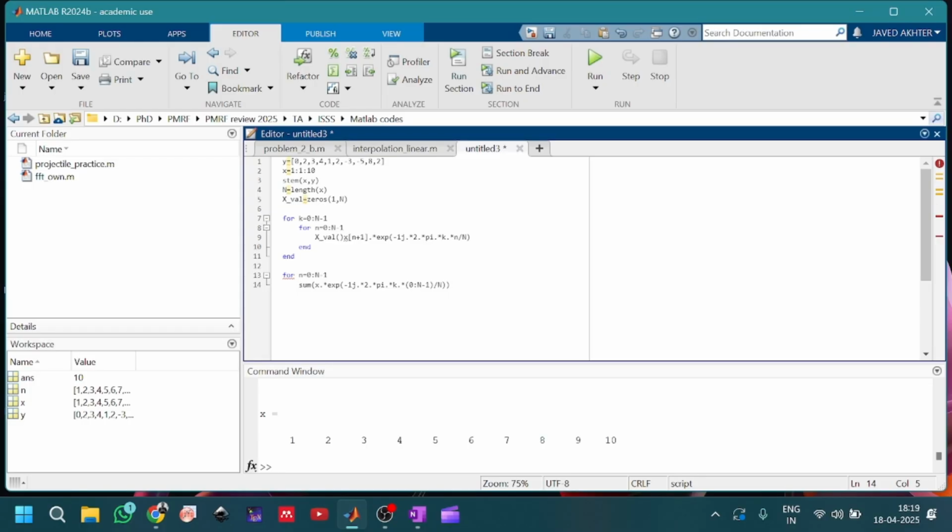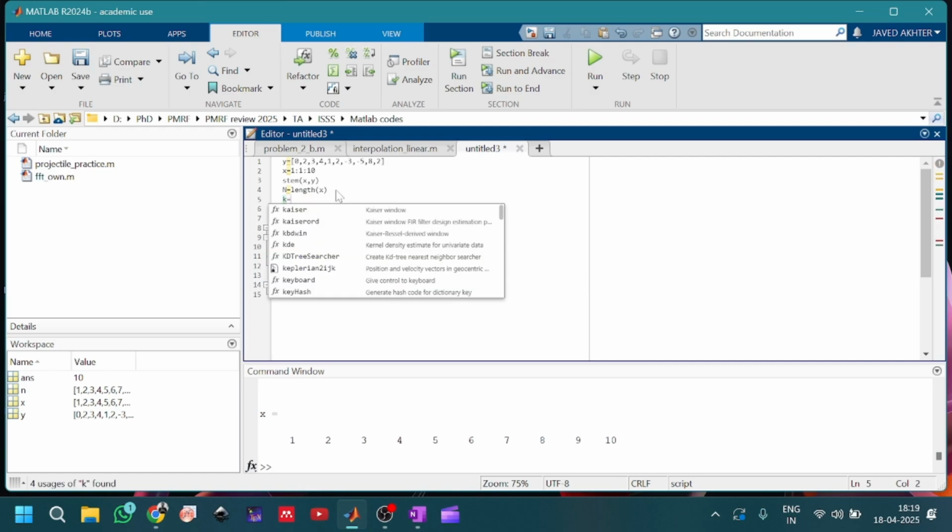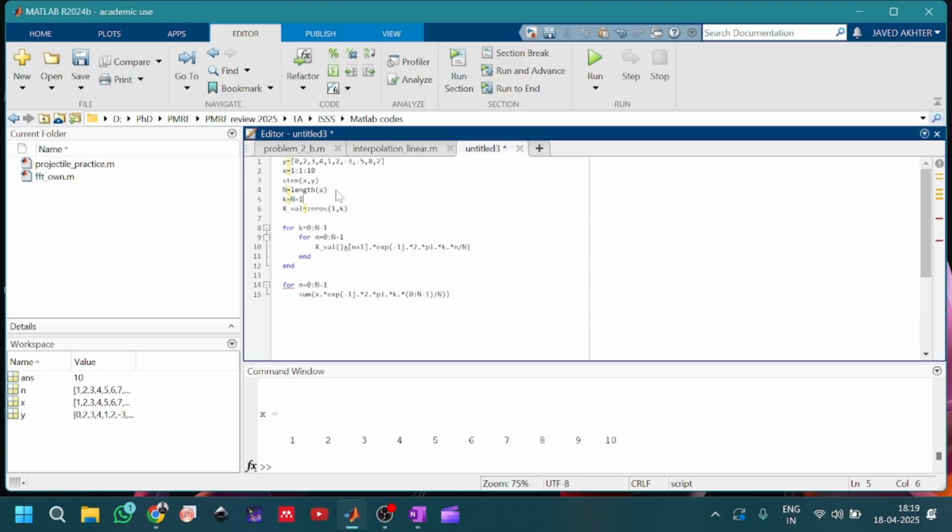So x value means zeros, 1k I can write. And what is k? So k is n minus 1, and each of the values will be stored in x val k.